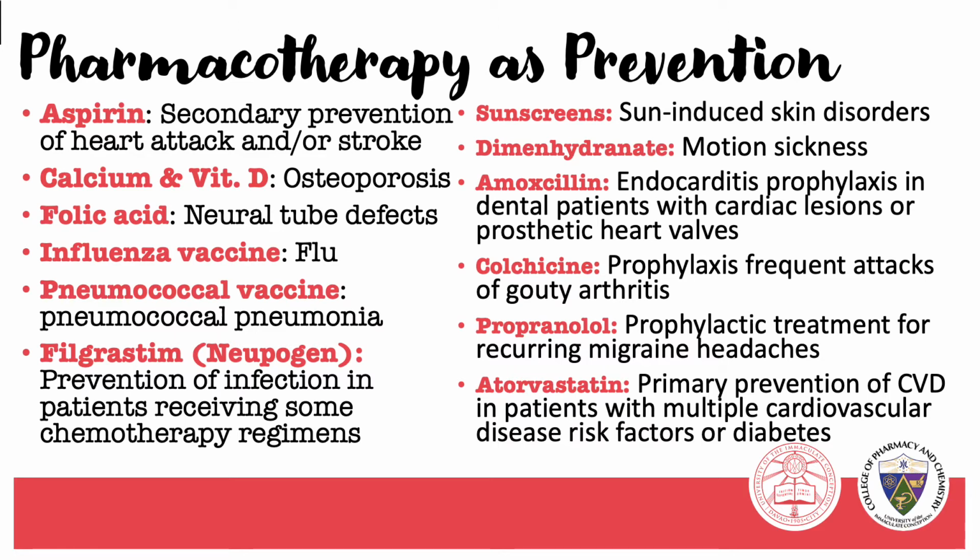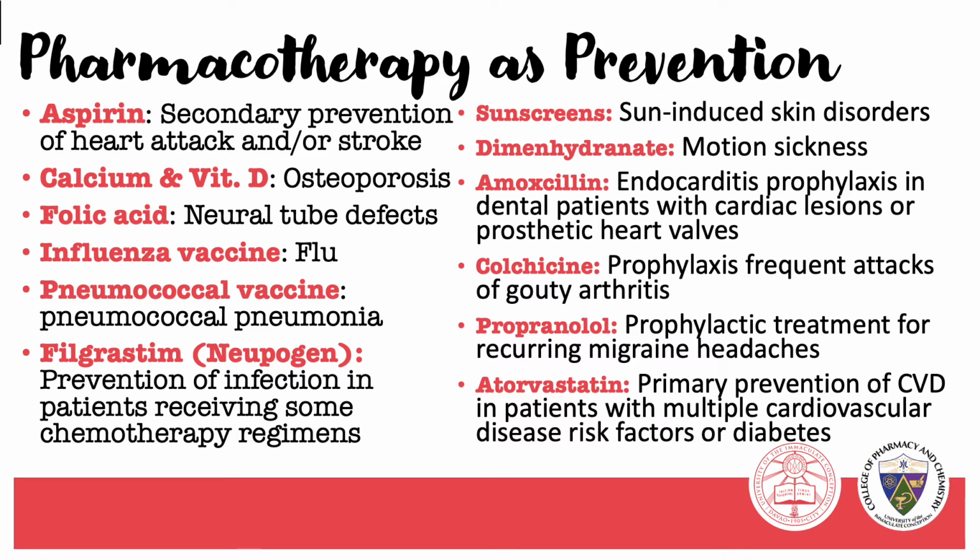Also, we have filgrastim to prevent infection for patients receiving chemotherapy regimens. We have sunscreens to prevent sun-induced skin disorders, dimenhydrinate for motion sickness, and amoxicillin for endocarditis prophylaxis in dental patients with cardiac lesions or prosthetic valves.